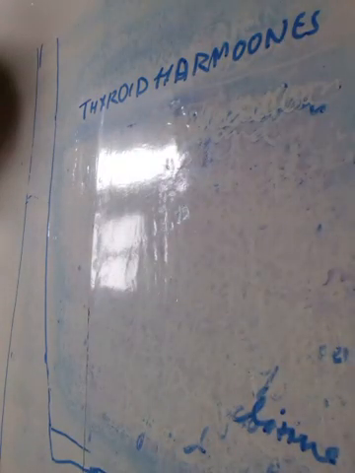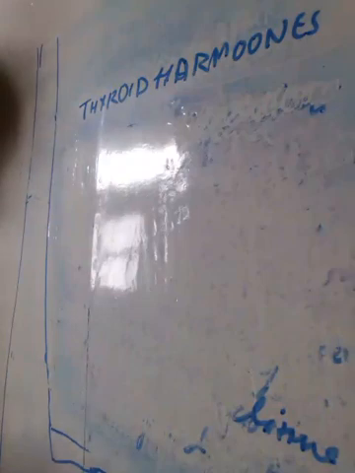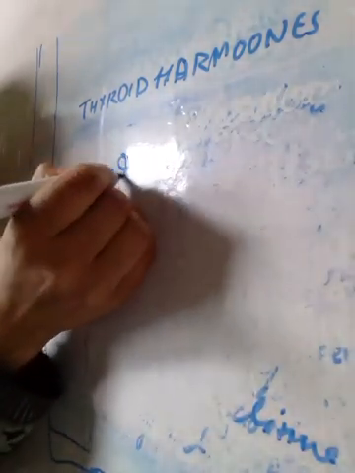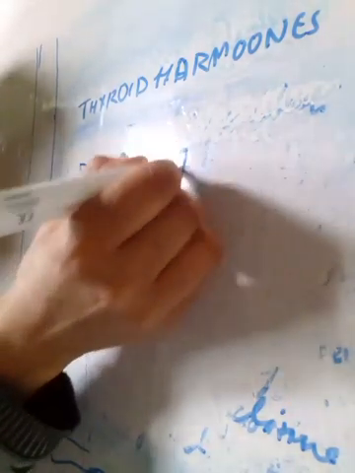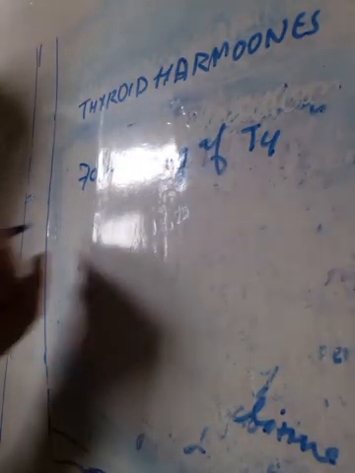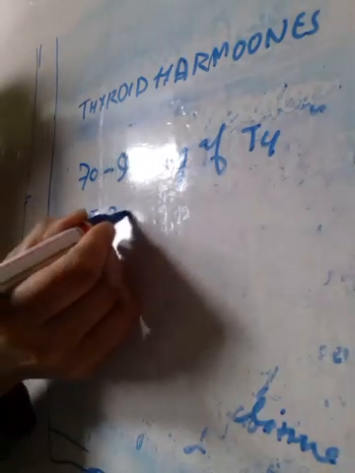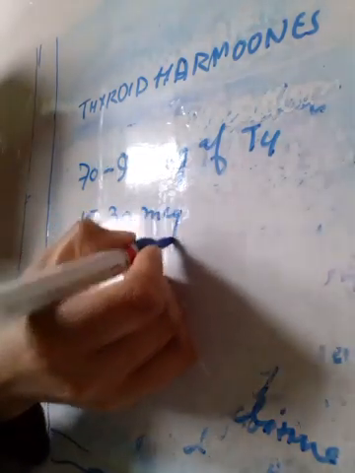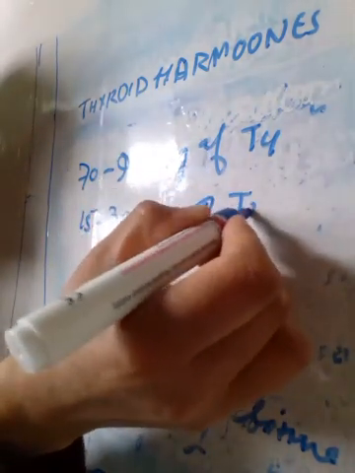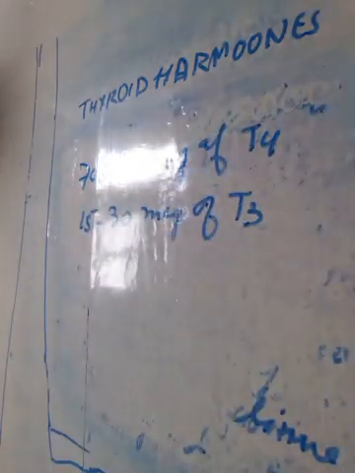In a normal body, about 70 to 90 mcg of T4 are secreted per day, and 15 to 30 mcg of T3 are secreted per day.